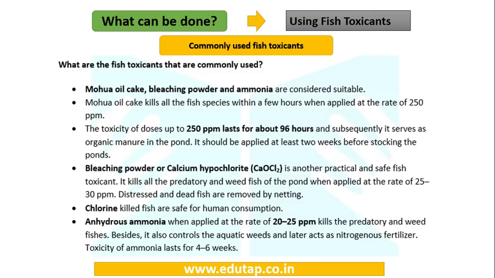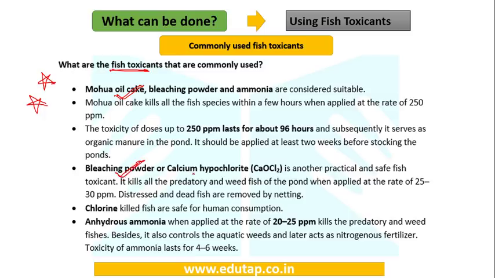Now this particular section is very important for us when it comes to examination. You need to know what are the commonly used fish toxicants. Never forget this. Let us one by one have a look at it. So mahua oil cake. This is very important. It is considered suitable. Then you have bleaching powder.